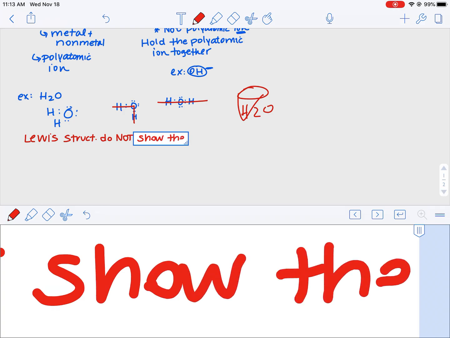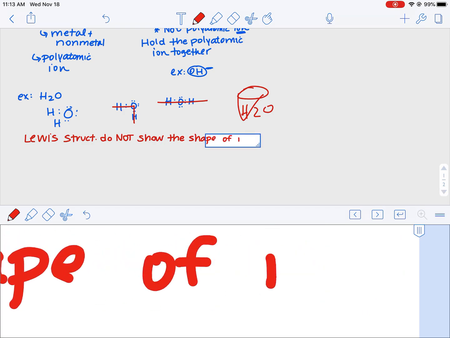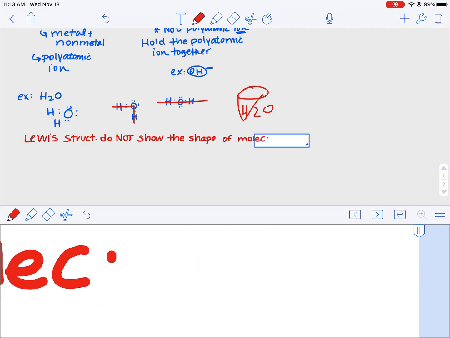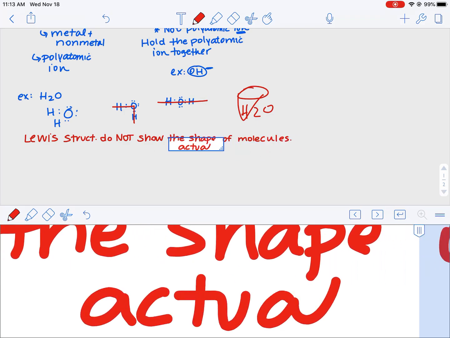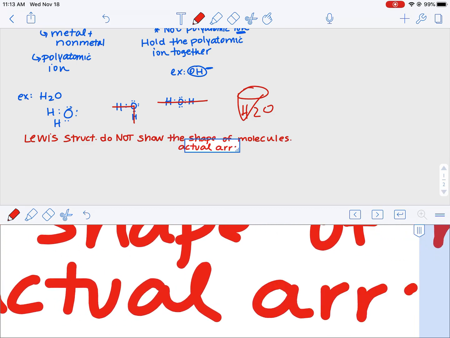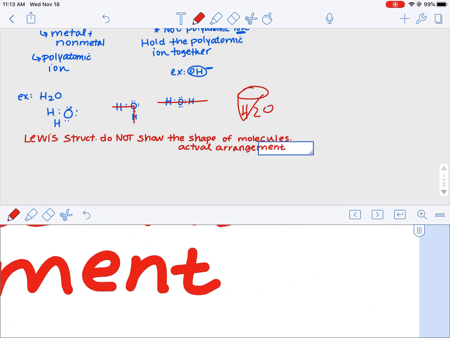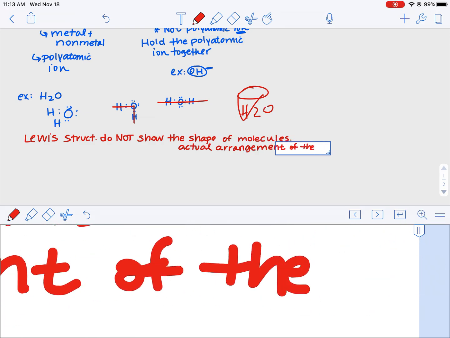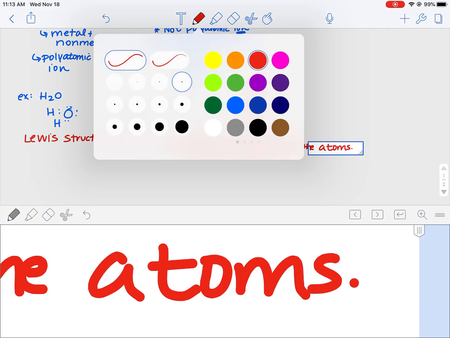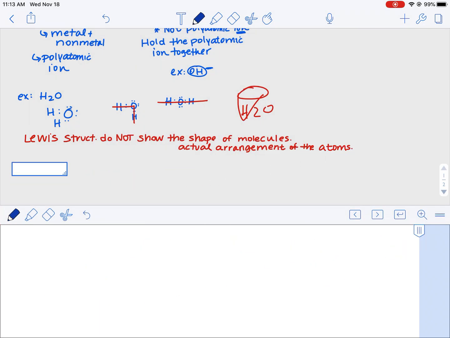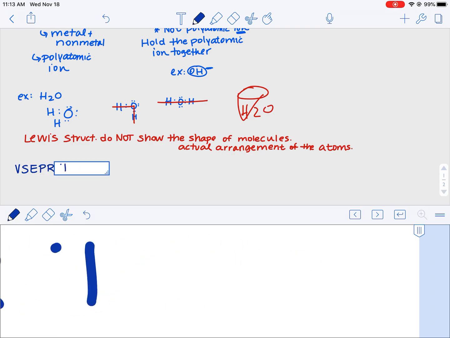In other words, they don't show the actual arrangement of the atoms. So in comes our VSEPR theory. And yes, it is pronounced VSEPR.